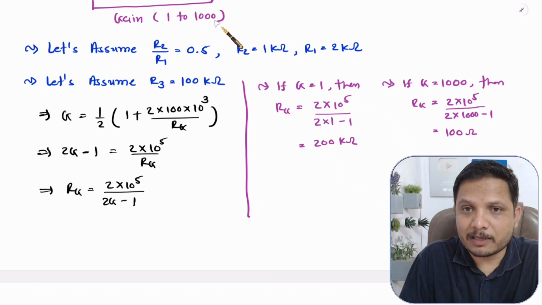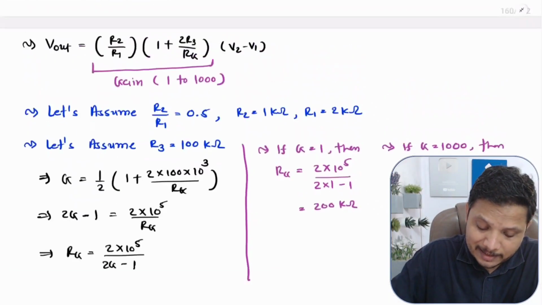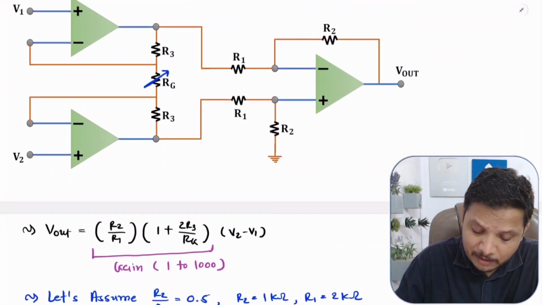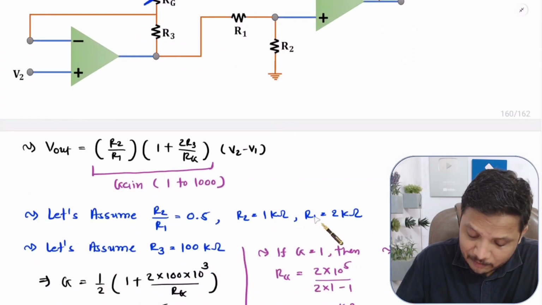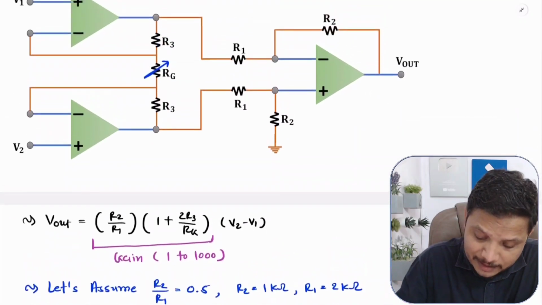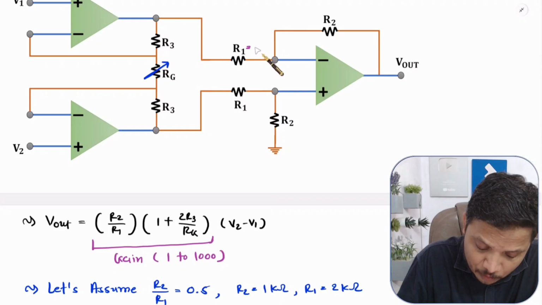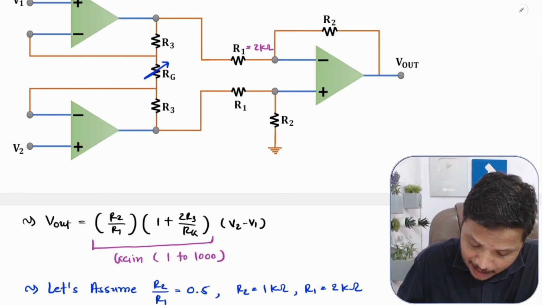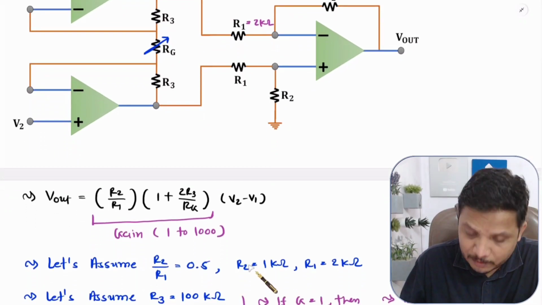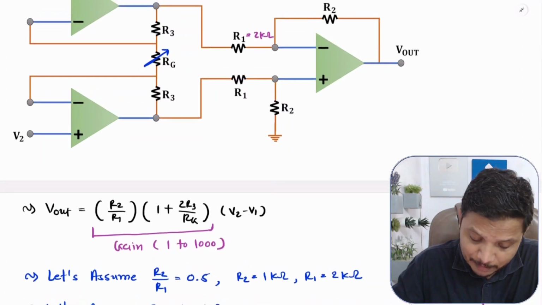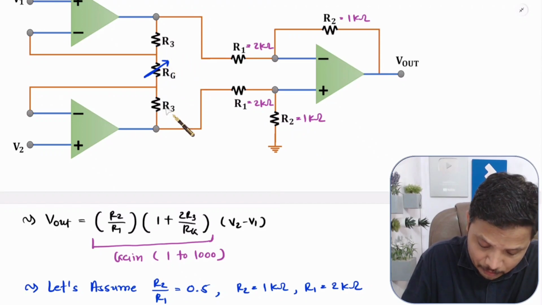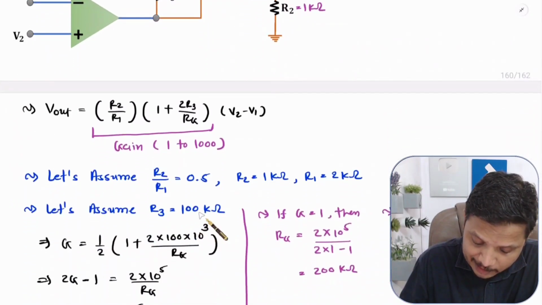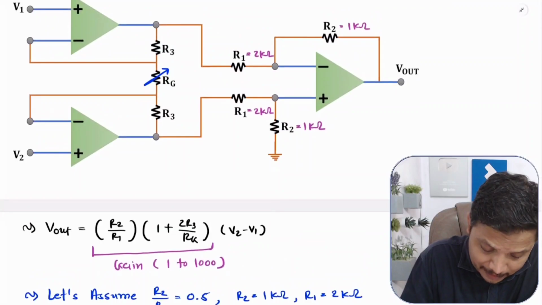to 1000, right? Now, as I have told you, we have assumed fixed components like R1, R2 and R3, right? So R1 value is 2 kilo ohm, let us place it over here. R2 that we have assumed is 1 kilo ohm, so let us place it over here. And we have assumed R3 value to be 100 kilo ohm, so let us place it over here.